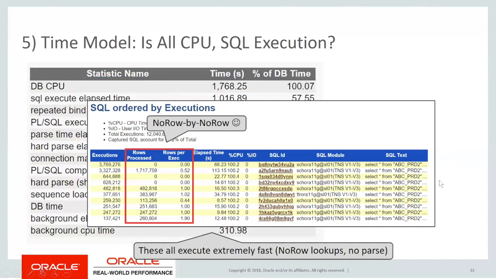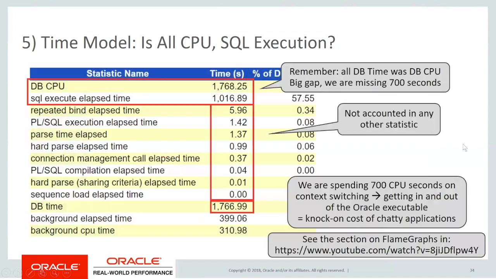If you have this kind of environment where SQL statements execute really fast and you're CPU bound, you can see the overhead that chatty applications have in the context switching area. Getting in and out of the Oracle executable in this case roughly takes 700 seconds. I've talked in detail about this phenomenon 2 years ago.